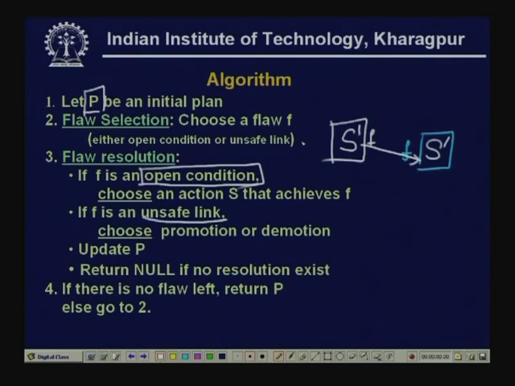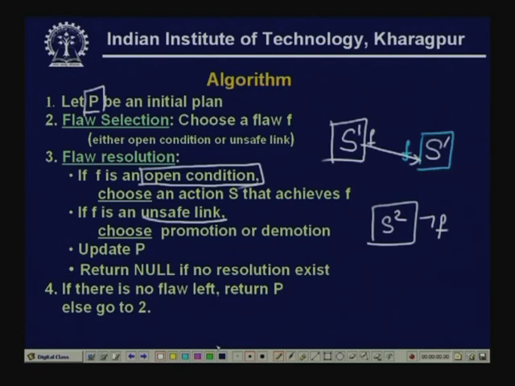Secondly, a flaw could be an unsafe link. If the flaw is an unsafe link, that is, if we find that S2 deletes F, then S2 cannot come between S1 and S prime. So, S2 can either be promoted to come before S1 or it can be demoted to come after S prime.